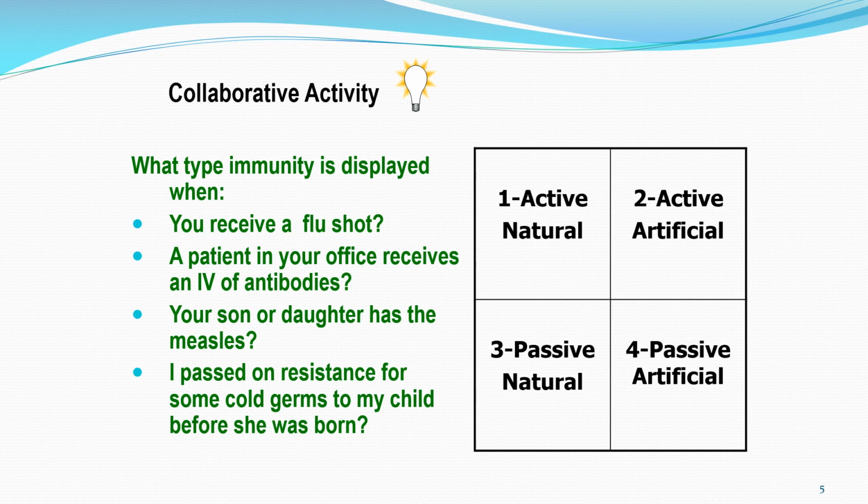So write down all the answers and then go back to the previous slides and check to make sure you're getting the right answers. This is a wonderful way to study. So pause this slide now, take out your paper, answer your questions, and then go back and see if you got the right answer. The slide previous to this is a very good slide to help you check to see if you got the right answers.